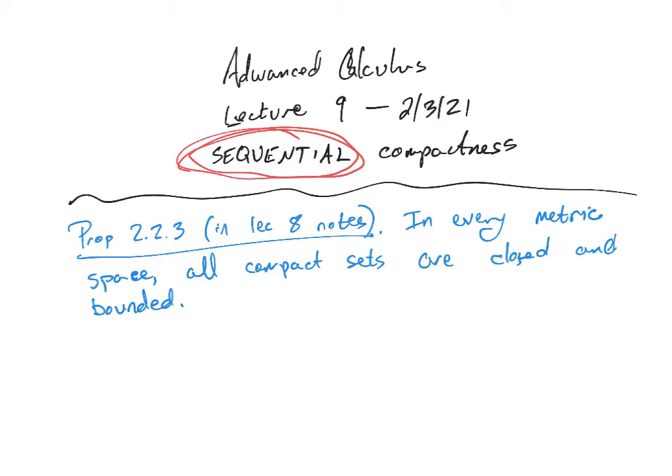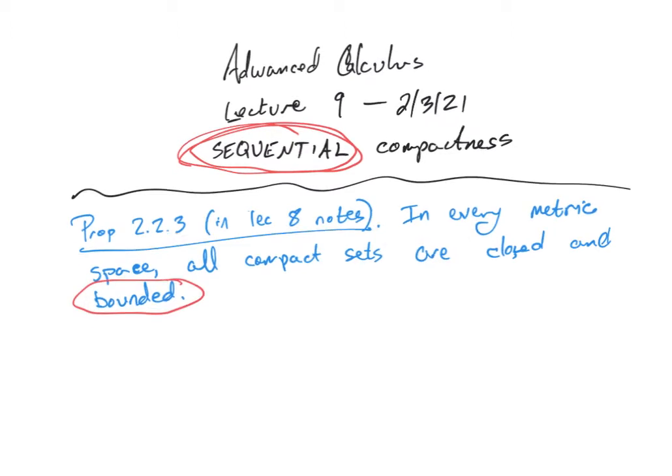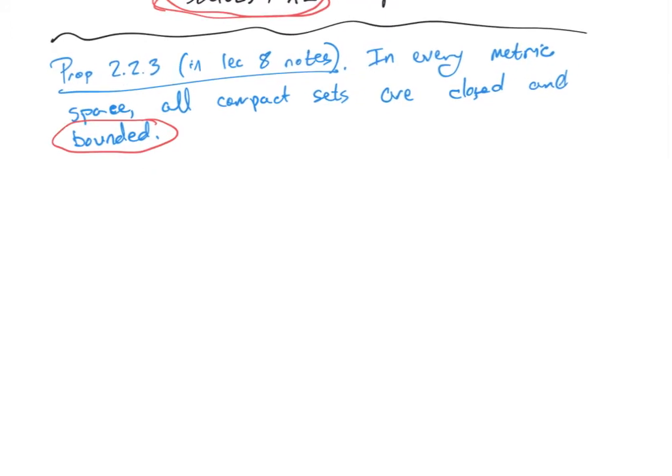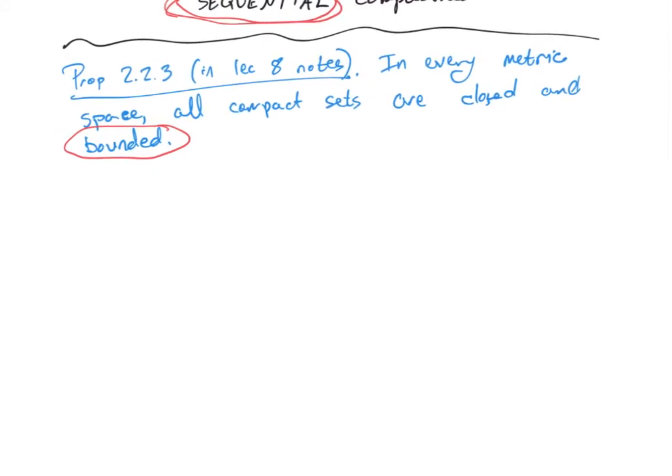Okay. Dr. Goddard? Yeah. I understand what bounded means on the real line, but what does bounded mean in a general metric space? That is our first task, is let's define what bounded means. Okay. So we will define that.